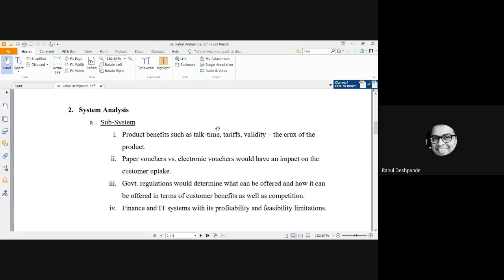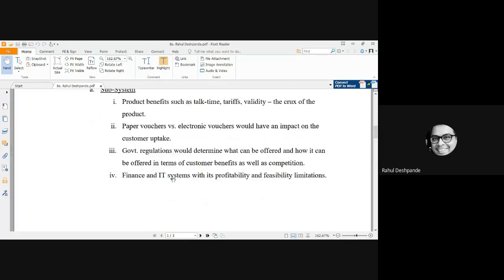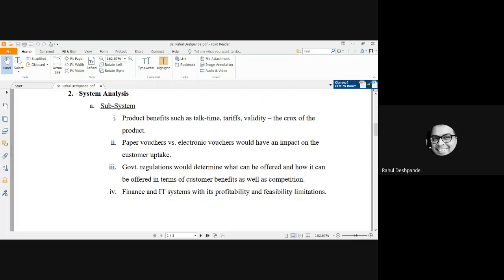So I did the system analysis. If you look at the subsystem here, what are we talking about? We're talking about a prepaid product, which could have a combination of talk time, tariffs or call rate, and validity, which essentially formed the product. This product was available in a paper format as well as an electronic format.